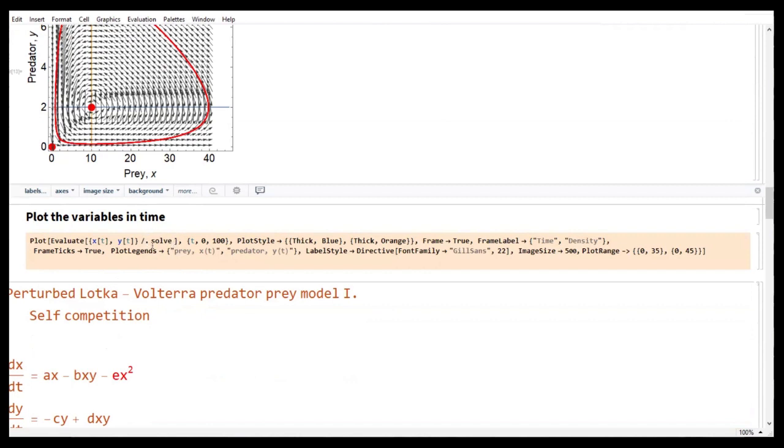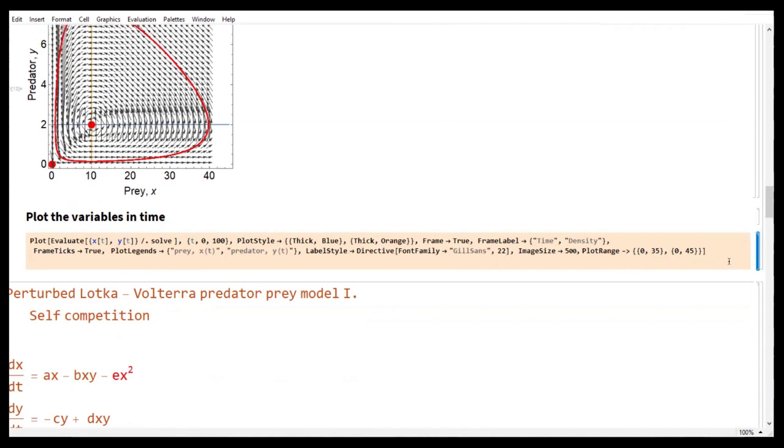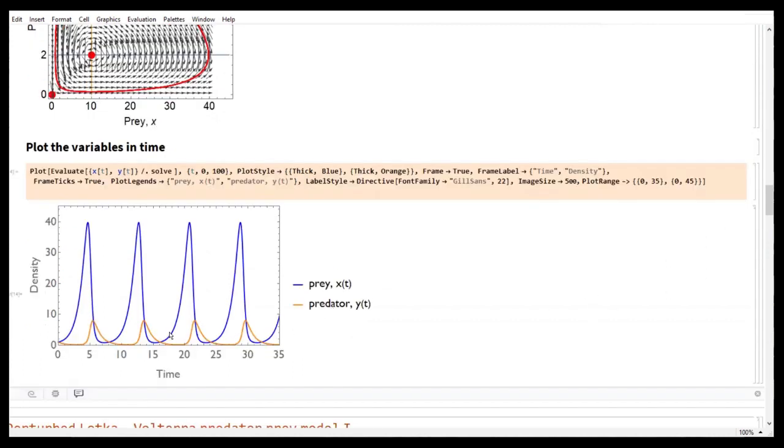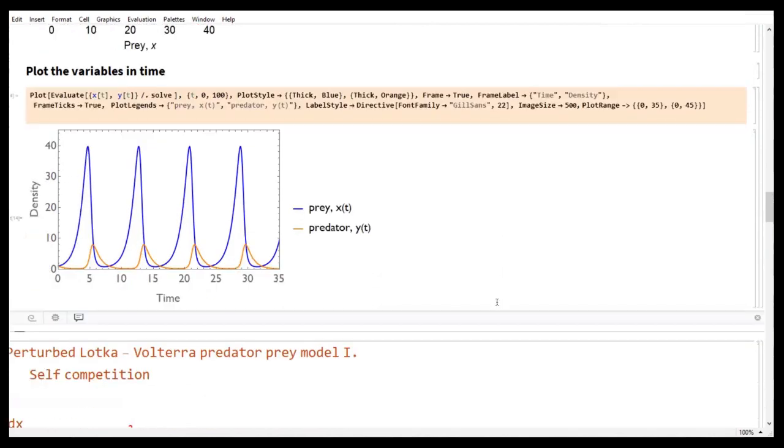In the solve vector, we recorded the solution of the differential equation, and we only have to evaluate it again to plot it as a function of t with some conditions to get a nice picture, and you can see what is well known, that there are periodic fluctuations of prey and predators in the model.